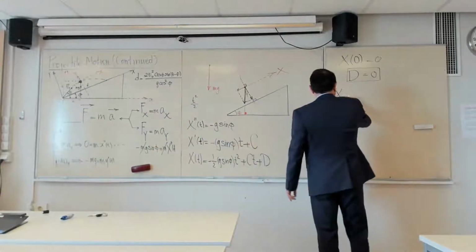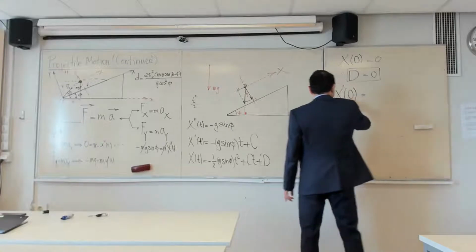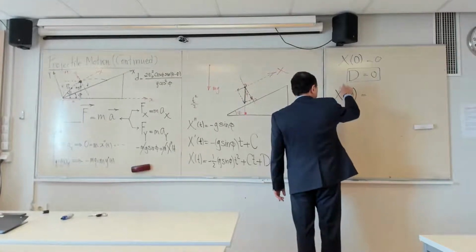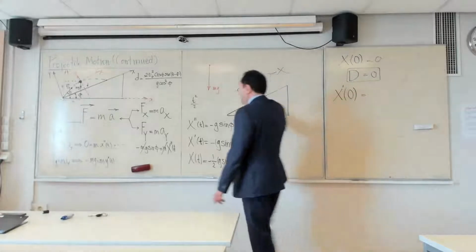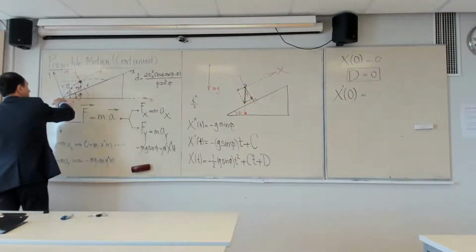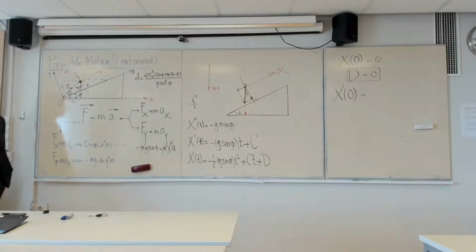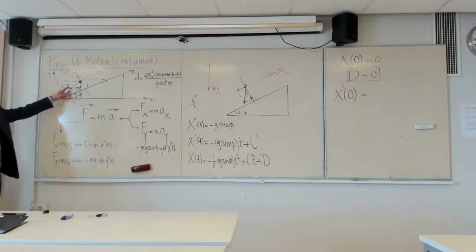So can you tell me, this is nice physics, by the way, what is x prime at 0? The initial velocity of my particle in the x direction. What is that? This is your initial velocity independent of any coordinate system.